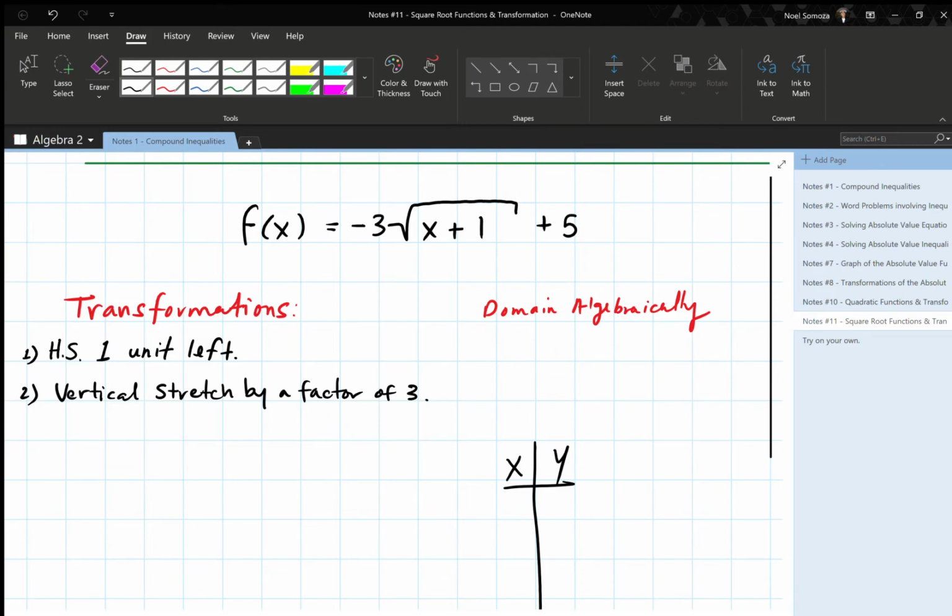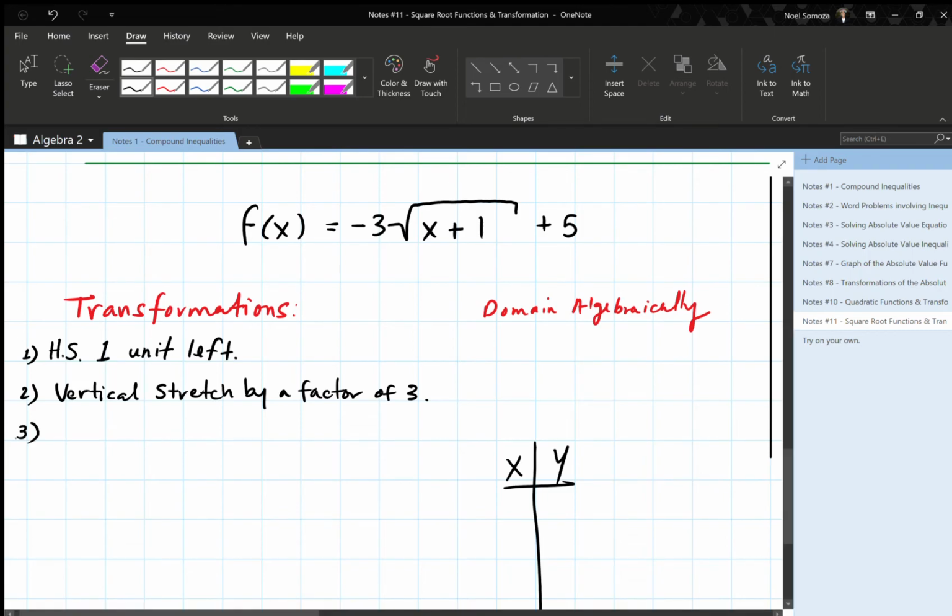Not yet. Reflection, right? Then we take care of the negative. So that's a reflection across which axis? X. Yeah. And then finally, then it's a vertical shift.